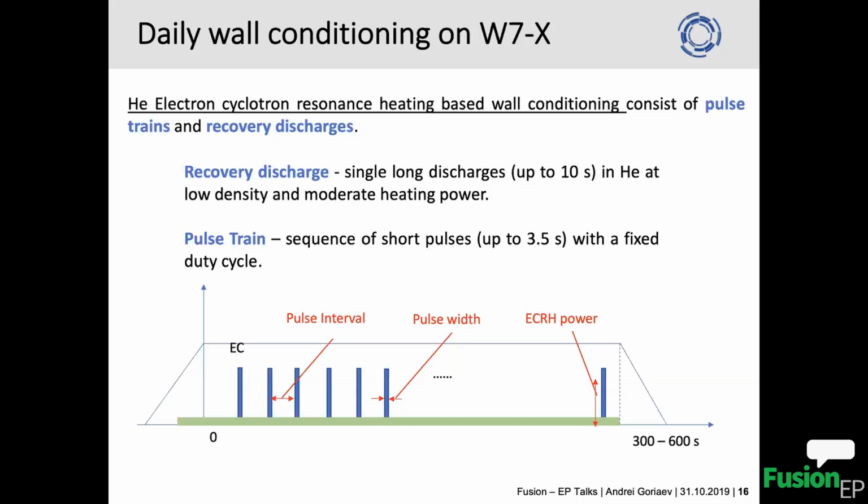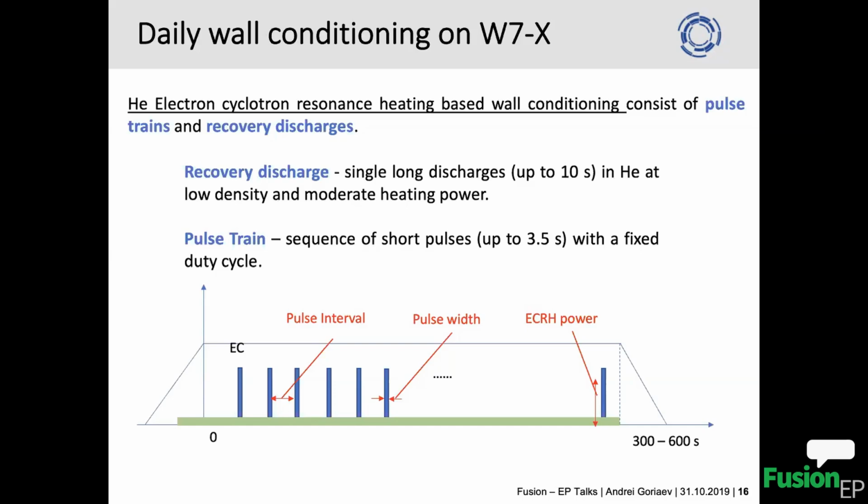So in that sense, a pure ECRH hydrogen glow discharge is somewhat similar to a stellarator operation with ECRH. It's exactly the same discharges with less power, and in this case, helium as the main gas.